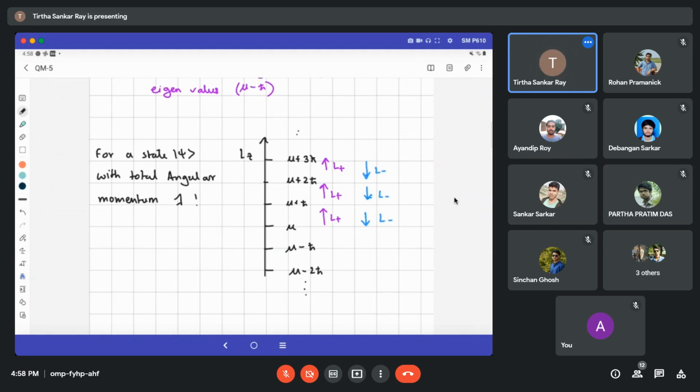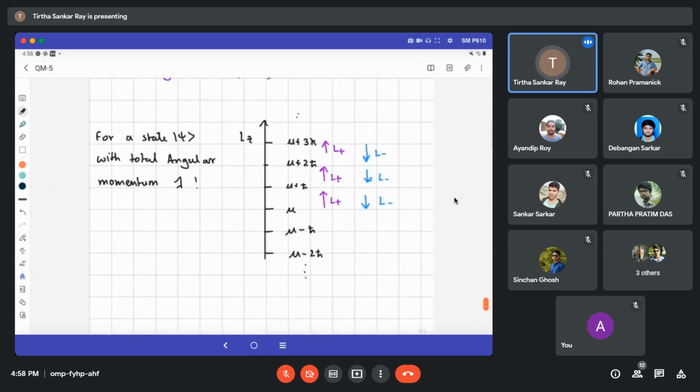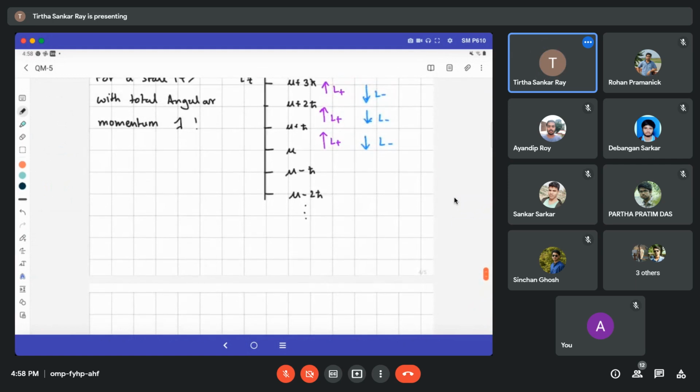Immediately, this operation of going higher and higher in the angular momentum, or lower and lower, cannot continue forever. After all, by construction, L square is equal to Lx square plus Ly square plus Lz square, implying that Lz square is always less than or maybe equal to L square. This has to be true, right?